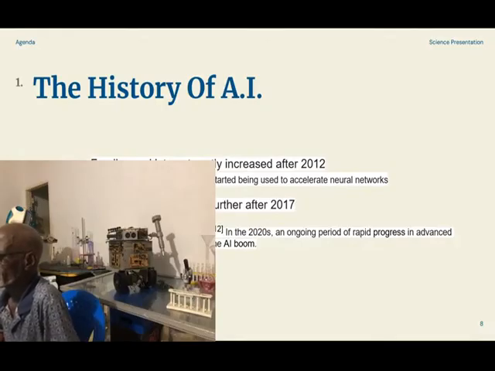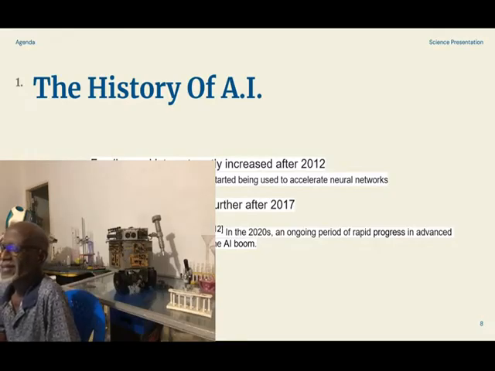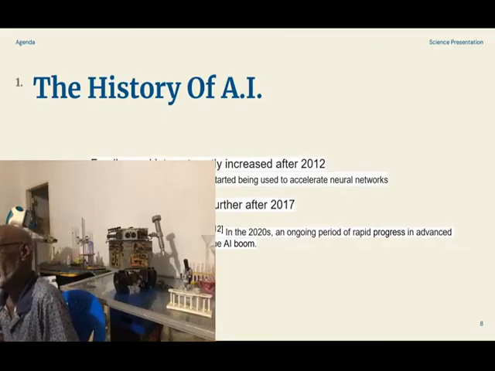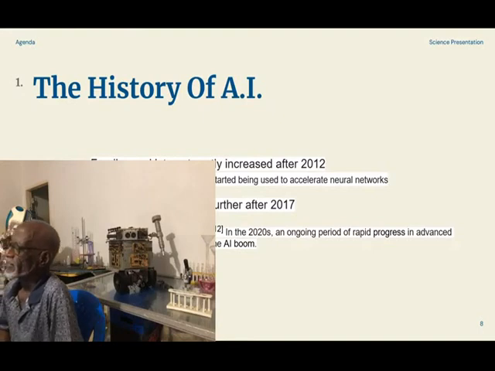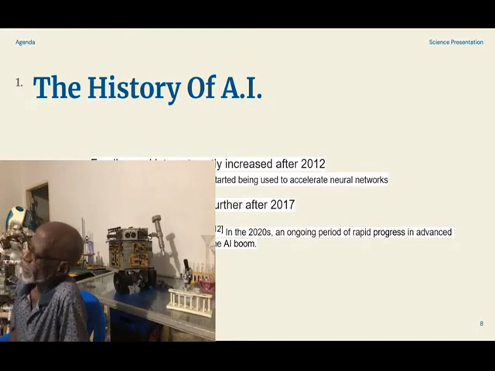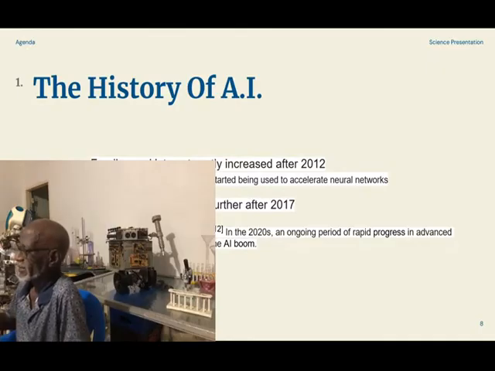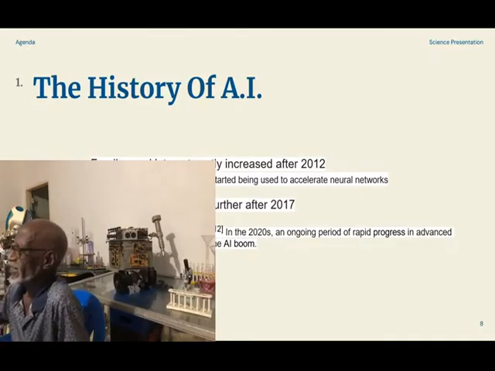If there's an AI bust right now, there's an AI boom, then a lot of those spin-offs will not survive. So that's where the history of these technologies is quite important.